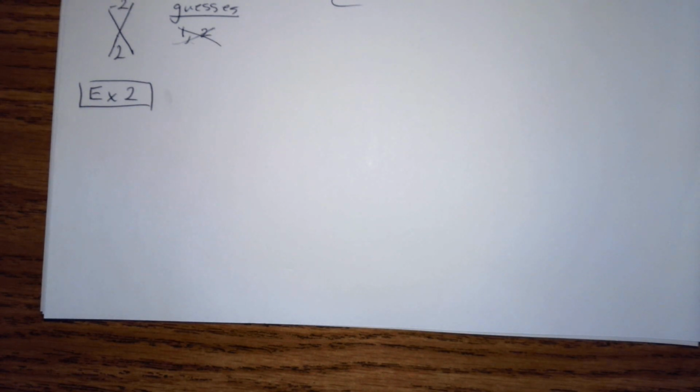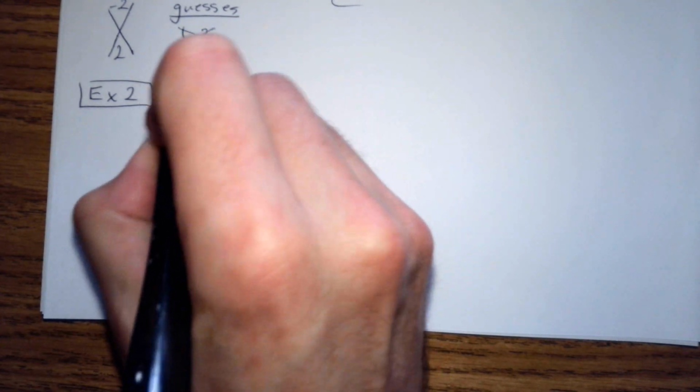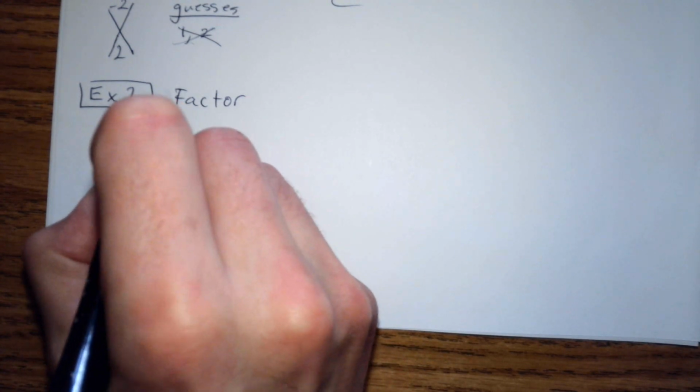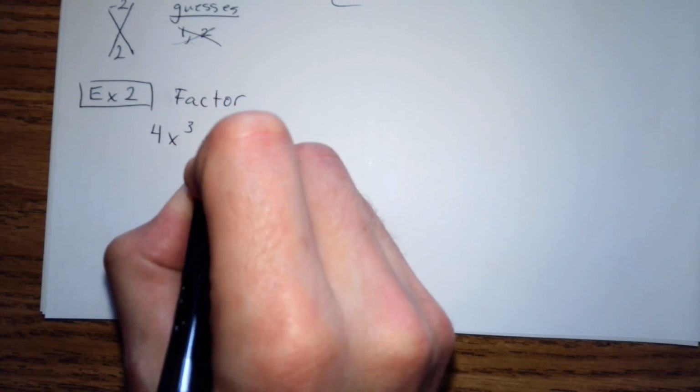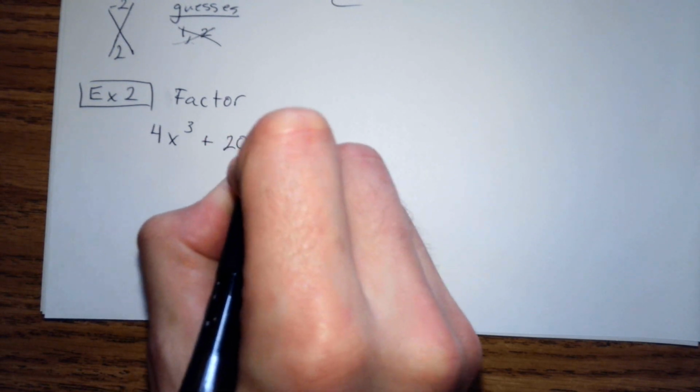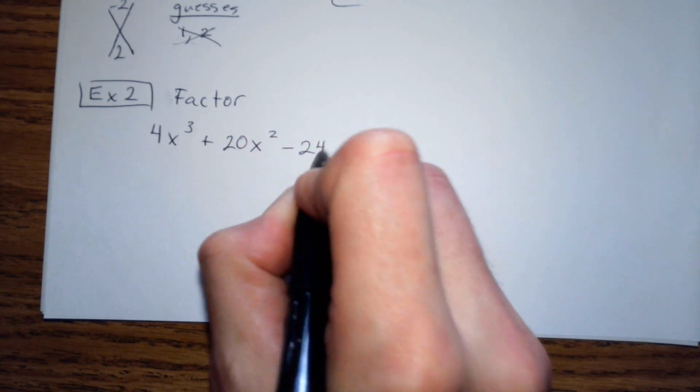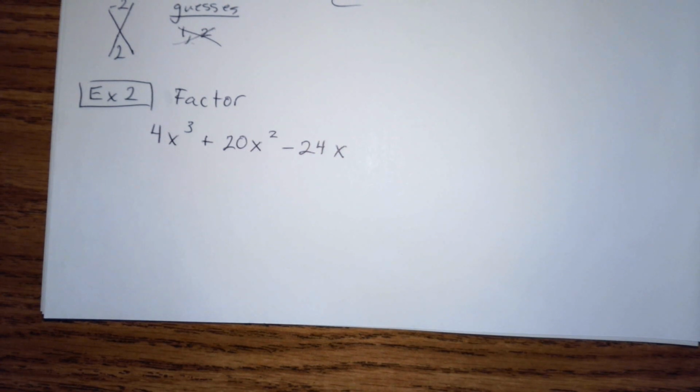So if I have the instructions factor, and we get 4x cubed plus 20x squared minus 24x.